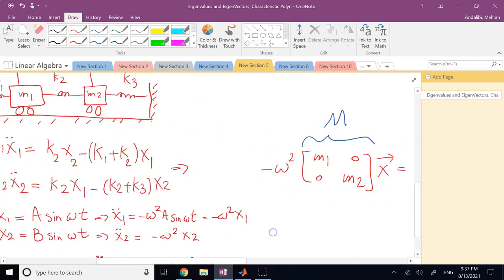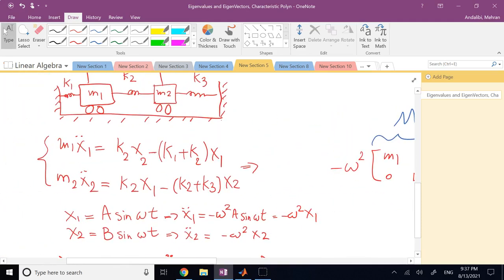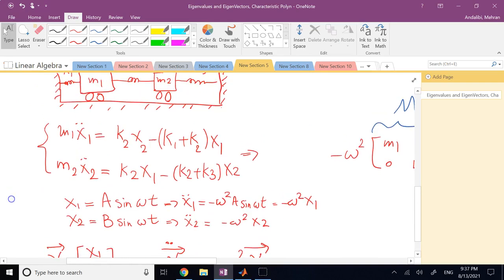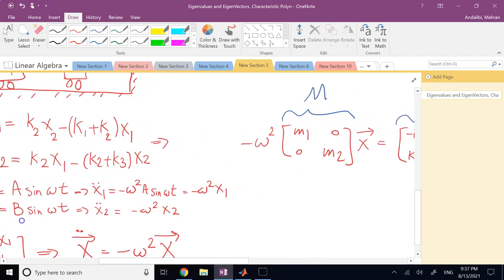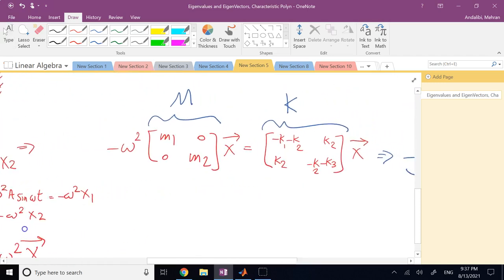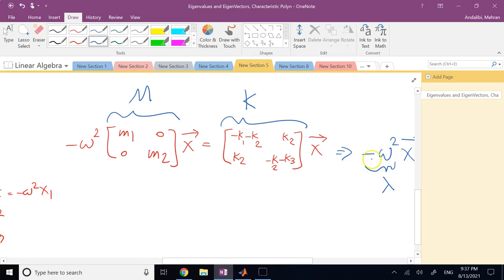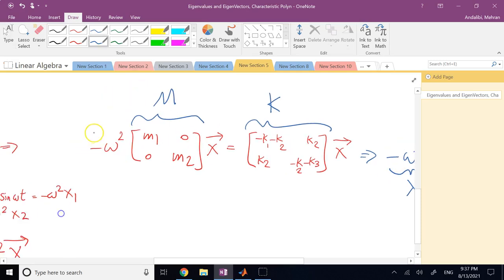Let me make sure there is no caveat. No, it all looks good. Negative, negative, that's all right. One thing I can do to get rid of that negative is multiply both sides by a negative M inverse.